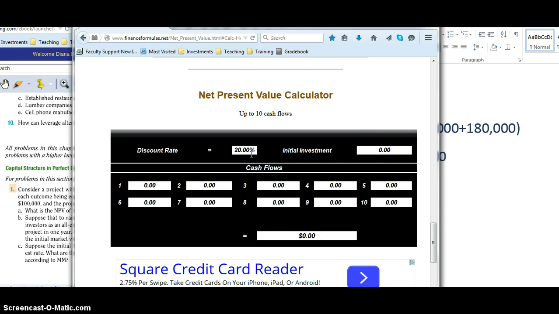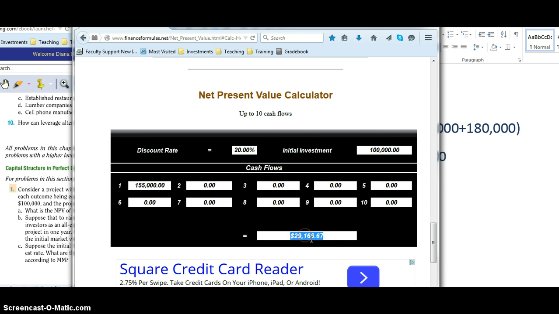Our discount rate, we're told, is 20%. Our initial investment, we were told, was $100,000. And our year one cash flow, we just calculated as $155,000. So let me make sure I have my zeros correct. Using this tool, after I have my information in, I just press enter, and it tells me that my NPV is 29,166 and 67 cents.